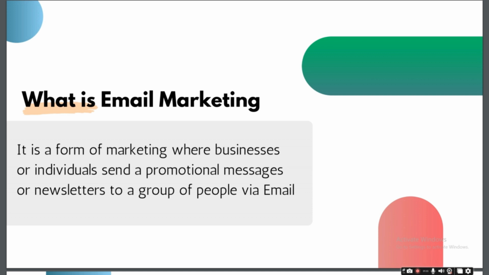Now, what is this group of people? A group of people is basically the email list that you have. Maybe it could be in an Excel sheet or a CSV file where you're able to collect it. And what are the means to collect these emails? Well, I have made videos on landing pages and sales funnels where I've spoken about how exactly you can collect the emails. So these email lists are called a group of people.